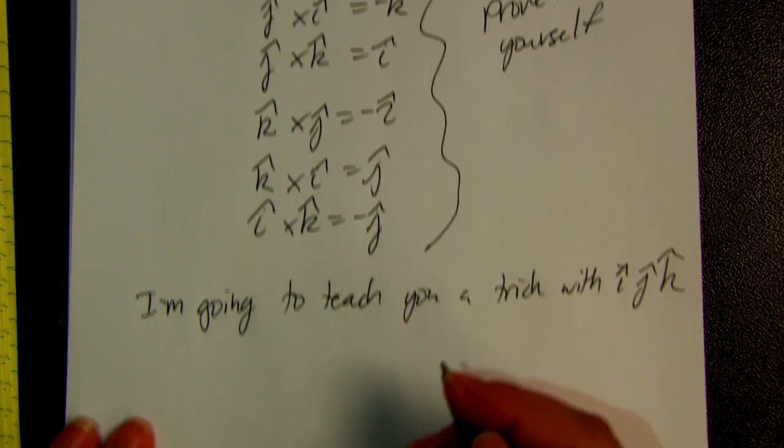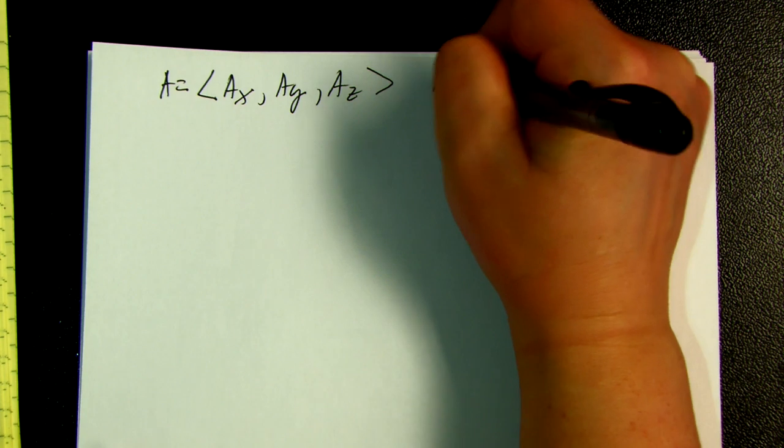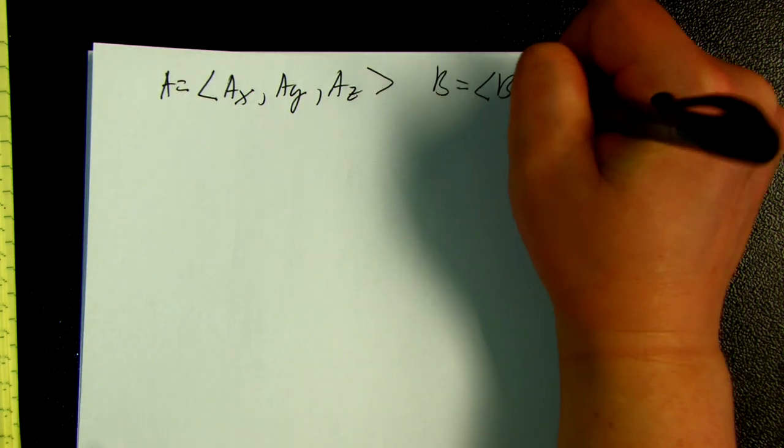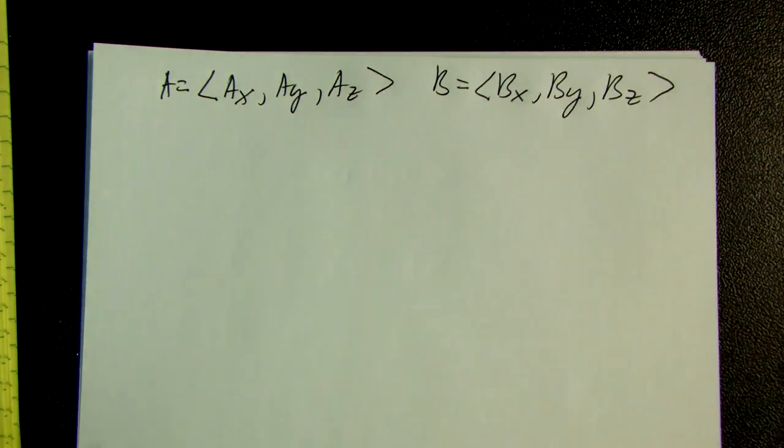Okay, so we're going to have two vectors, A and B. A is equal to AX, AY, AZ. B is equal to BX, BY, BZ.